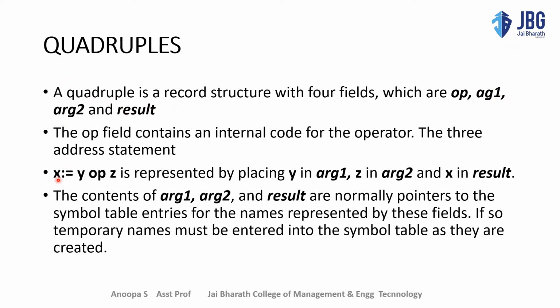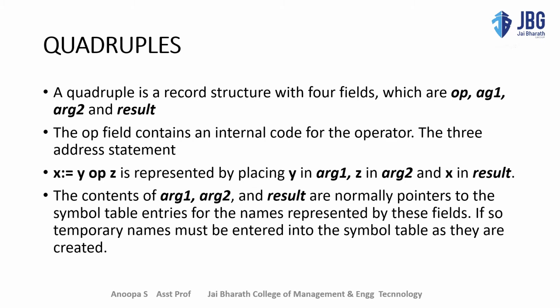Okay. So when we take this example, x = y op z, x, y, z are operands. So y and z are arguments, argument 1 and argument 2. Op is the operator and result is x. Then the contents of argument 1, argument 2, and result are normally pointers to symbol table entries for the names represented by these fields.